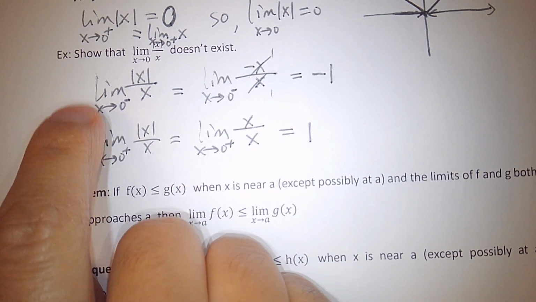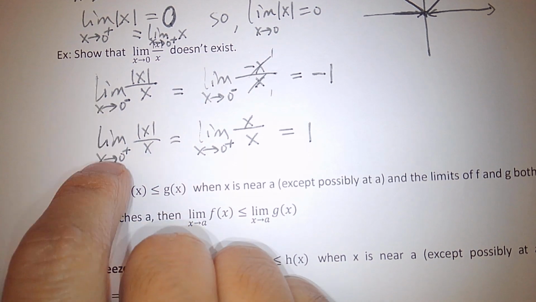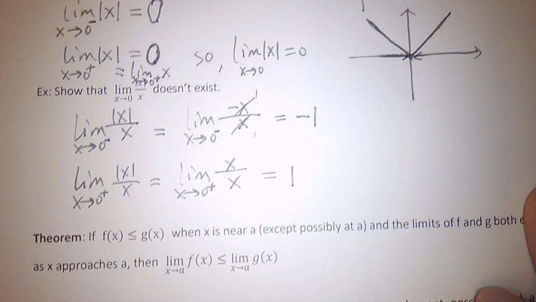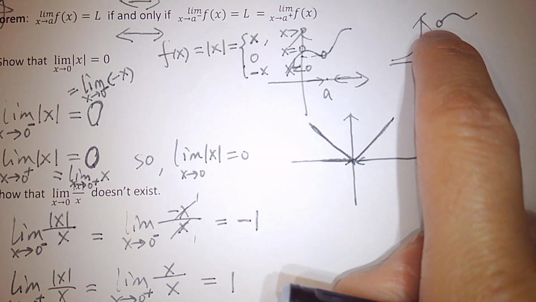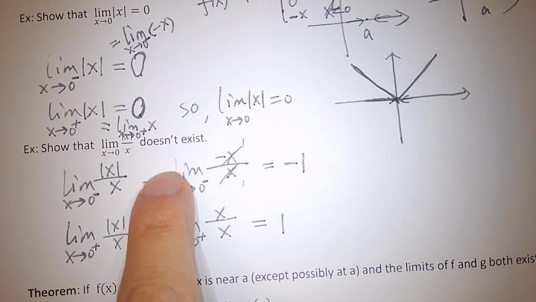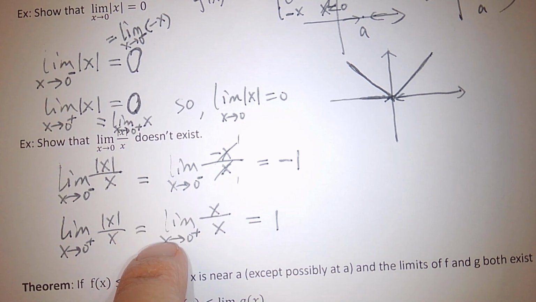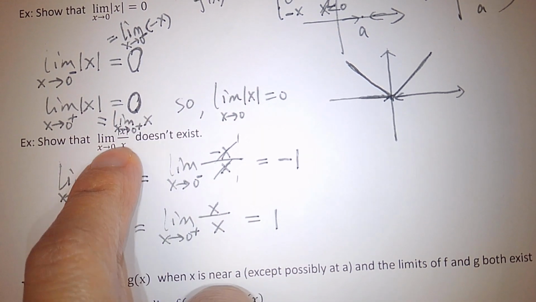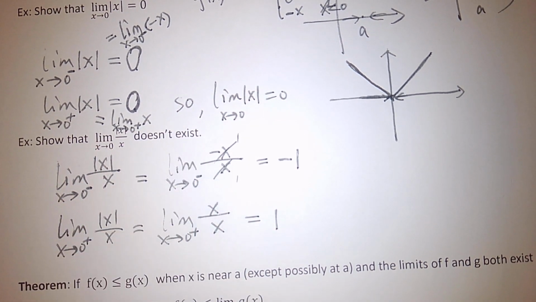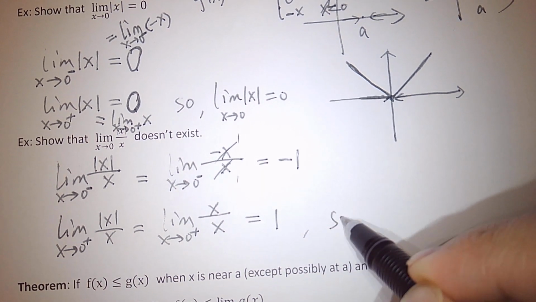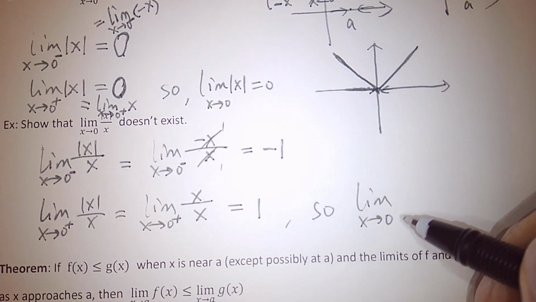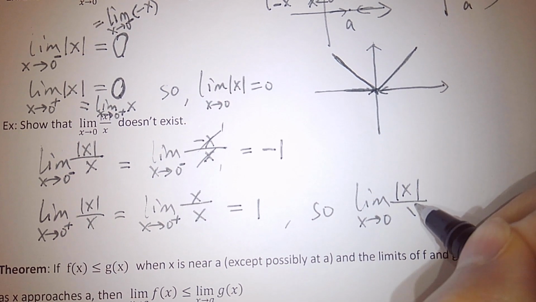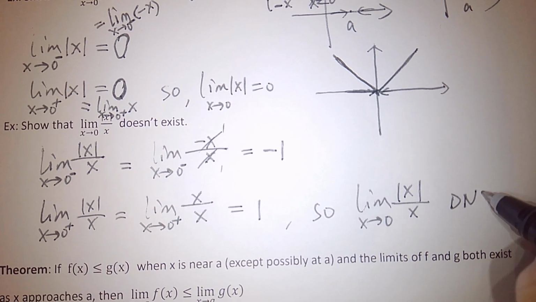So indeed, both of them exist, but do they equal the same value? No. One has the value negative 1, the other has a different value, 1, right? Because they don't equal the same value L, we say this entire limit does not exist. Do you see that? So we say the limit when x approaches 0 from both sides of the absolute value of x over x does not exist.